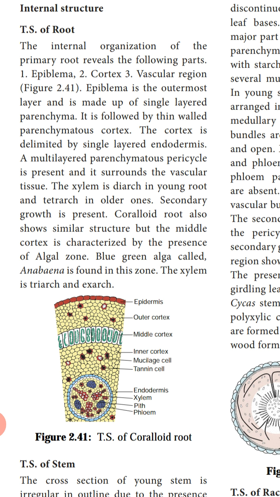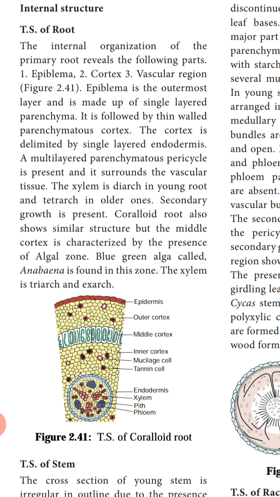Towards the center you can find large, broad cells, that is the metaxylem, and towards the endodermis you can find the pointed tails of the xylem elements, they are the protoxylem. Here you can see three xylem elements alternating with 3 phloem. This condition is called triarch. So in the coralloid roots we found the triarch condition.